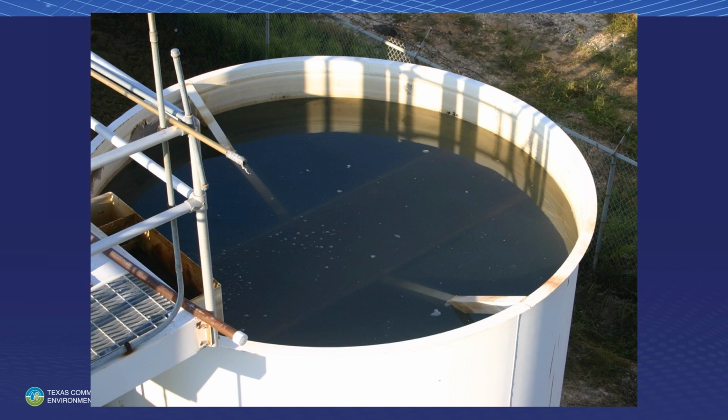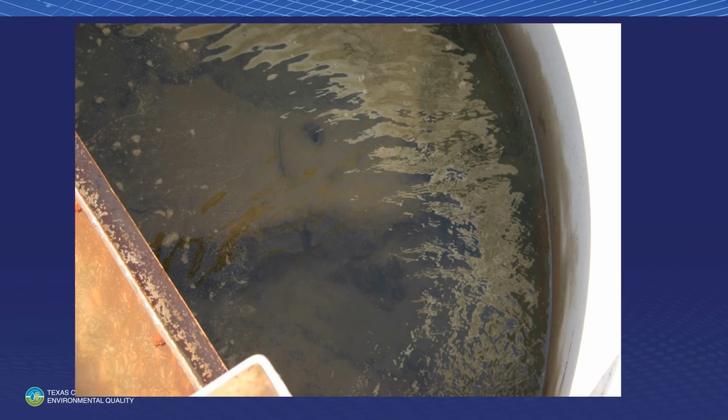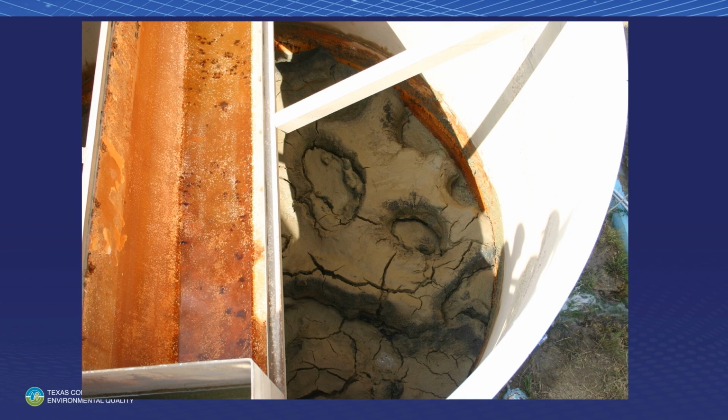Well, we asked him to draw the filter down, so we could look at it and get down in it. And as it draws down, the more it drew down, the worse it began to look. And when he finally got it down to where we could get down in it, that's what we found. Oh, probably the worst condition filter I've ever seen in my life.